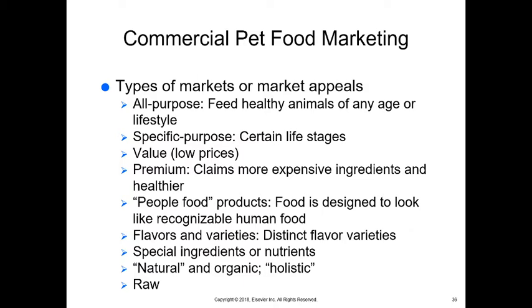Natural means nothing. Holistic means nothing. It just grabs a hold of our human sensibilities and it markets to us. Raw food is something completely different. We'll talk about that later.